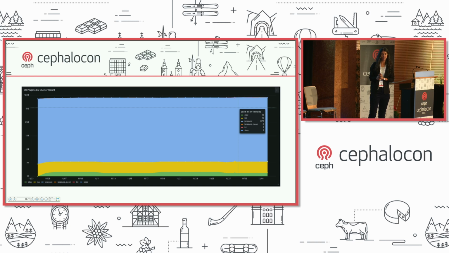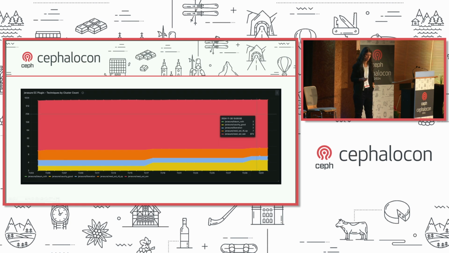We also want to have some more observability into how certain features are being used, or certain configurations of the cluster. Recently we were curious about how EC plugins are being used in our community. We can see that the Jerasure plugin is by far the most popular one out there.